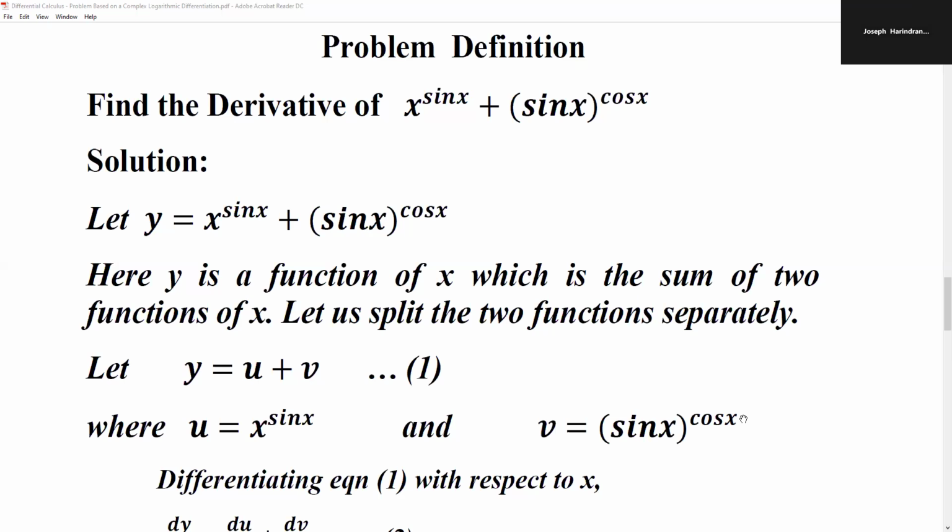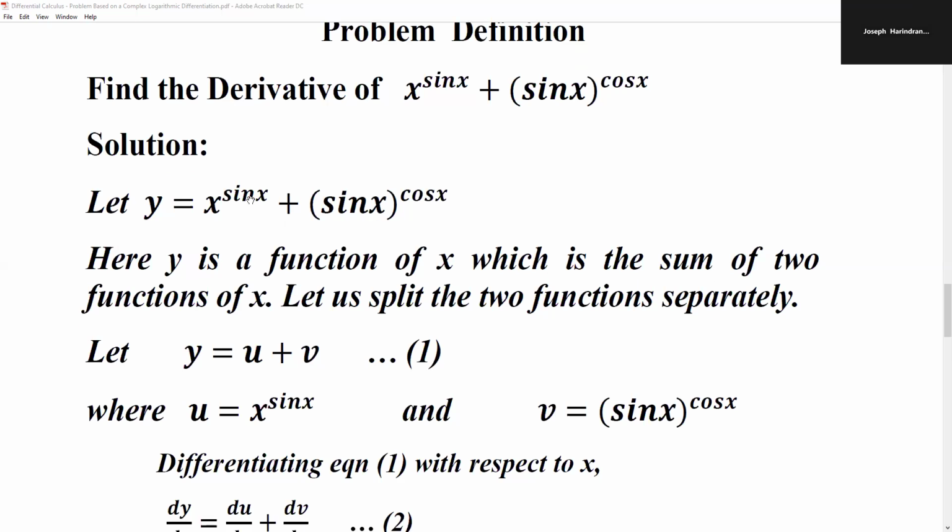Here y is a function of x, which is a sum of two functions of x. So let us split up the two functions separately. Let y is equal to u plus v. Take it as equation 1. Where u we'll take as x power sin x, and v as sin x whole raised to the power cos x.